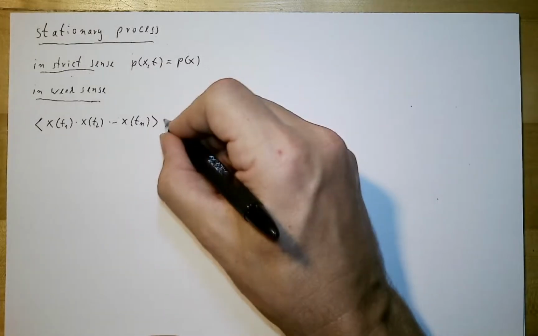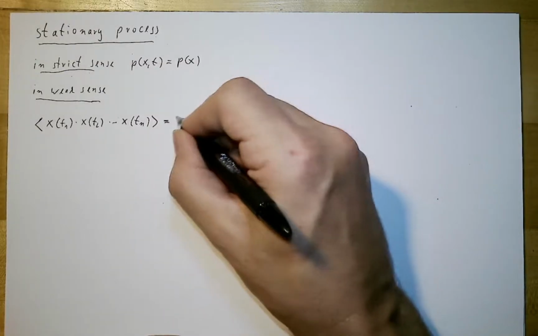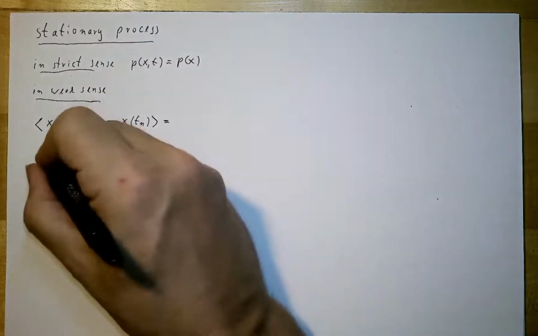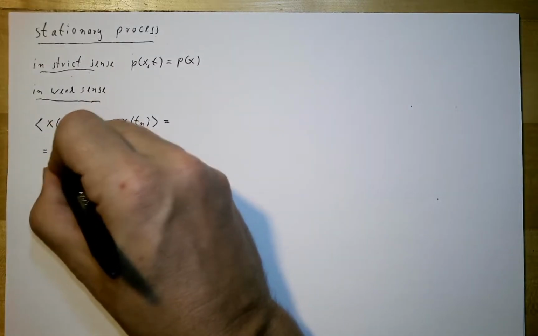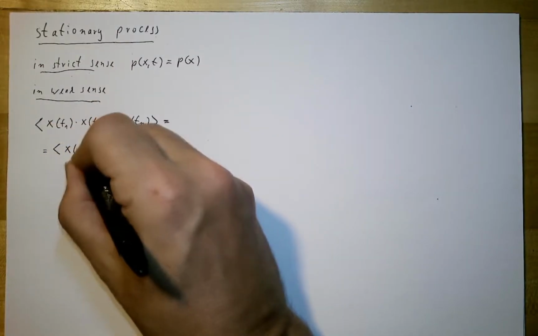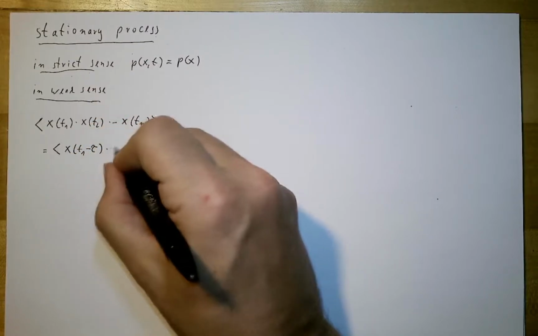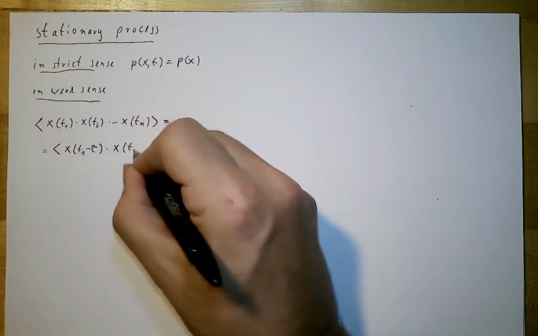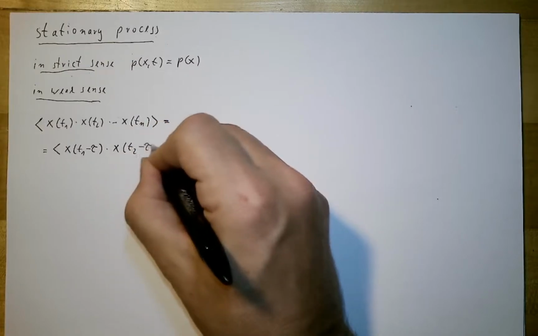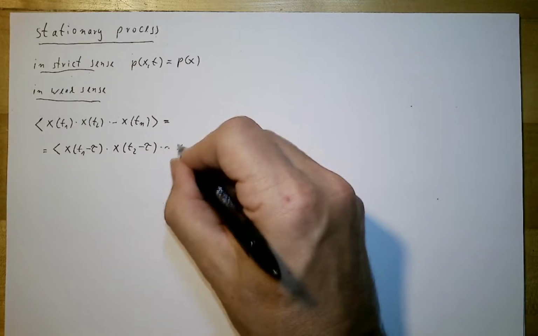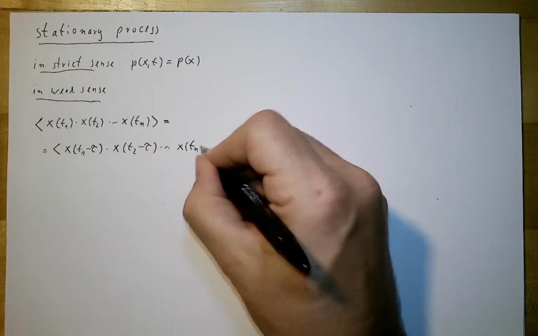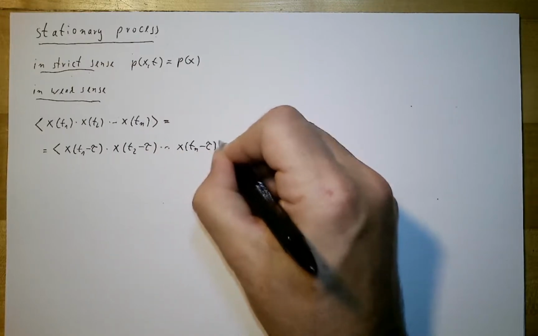So this means if we would shift the time, then this would be the same as if we take x at t1 minus tau times x at time t2 minus tau and x at time tn minus tau.